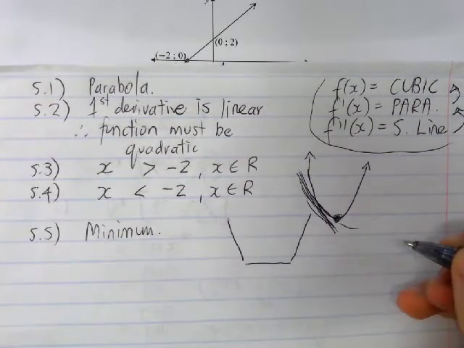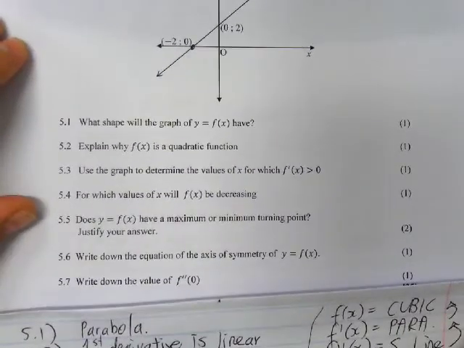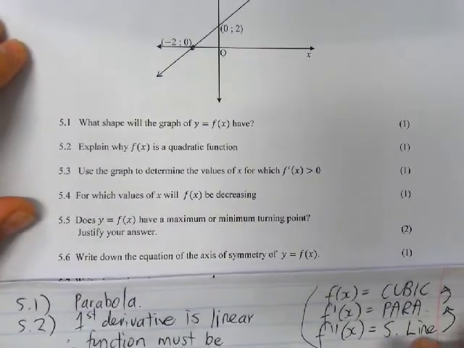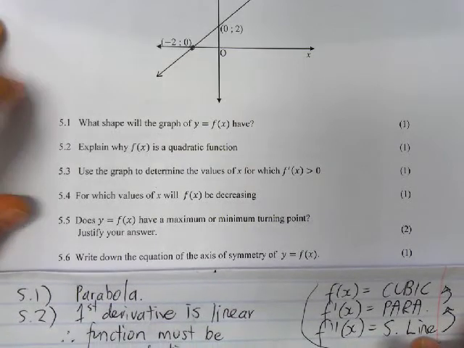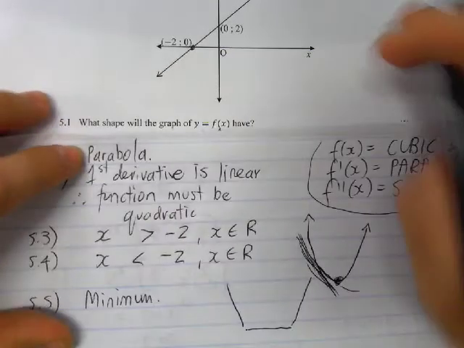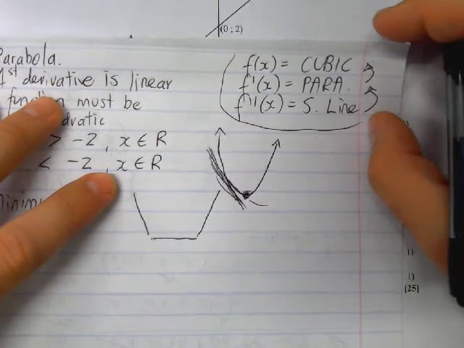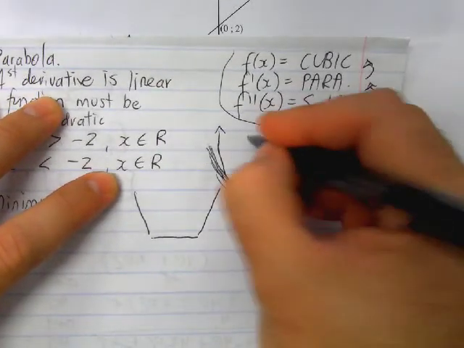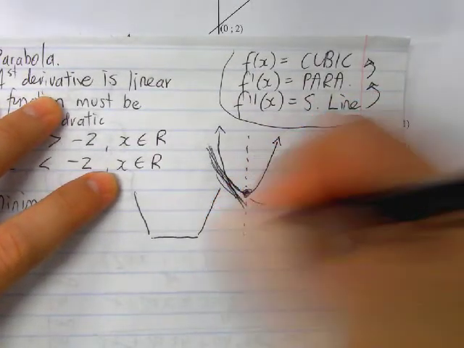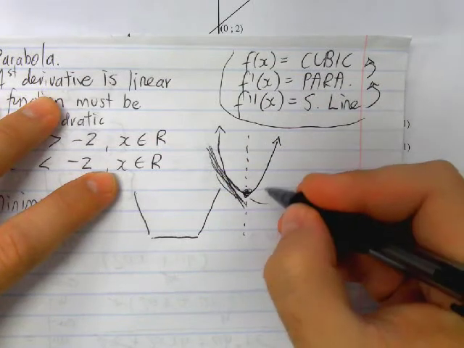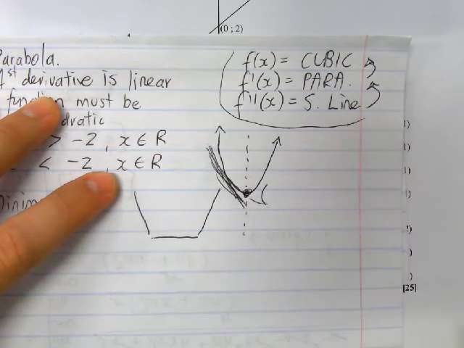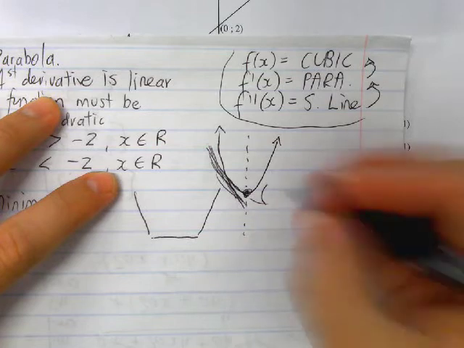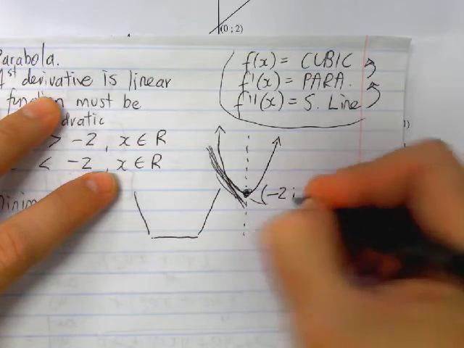Where would that local minimum be? I think that's the next question in 5.6. It says, write down the equation of the axis of symmetry of the parabola. So axis of symmetry talks about where would you have been able to fold the parabola over? What line? That relates directly to the turning point of that parabola. And the turning point's x value was negative 2.